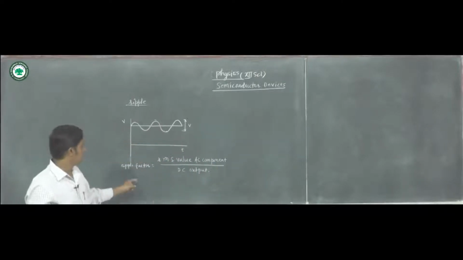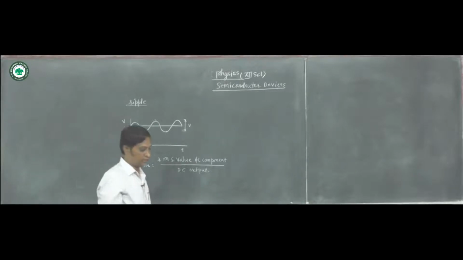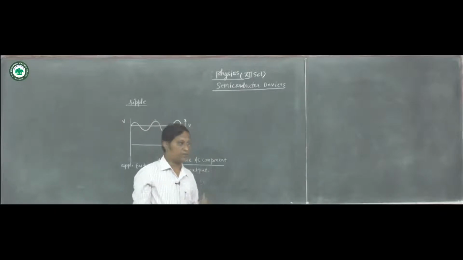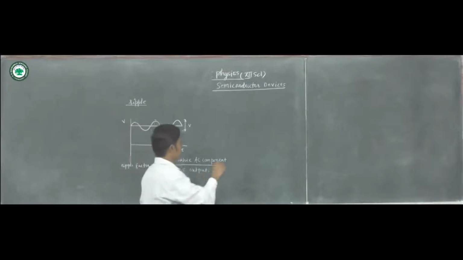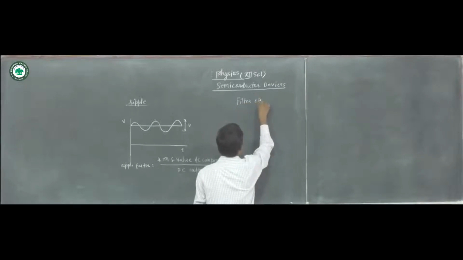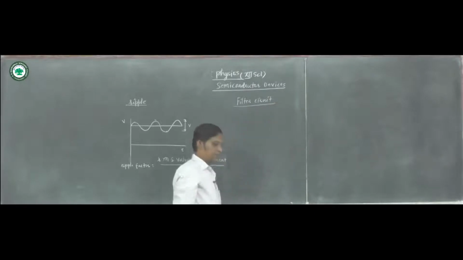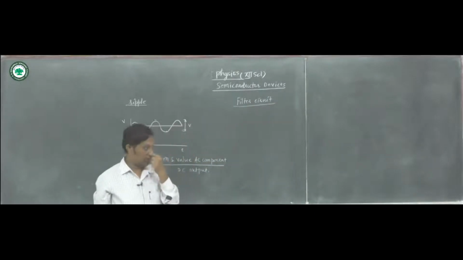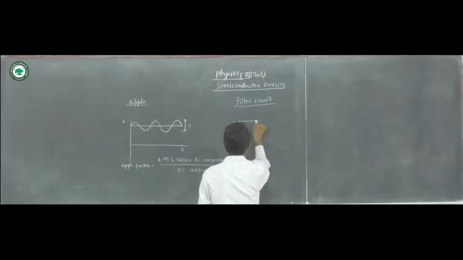To overcome this ripple factor, we use the filter circuit. We have seen it in the block diagram of the rectifier circuit. The filter circuit consists of a capacitor. Let us see the diagram. This is the input of the rectifier.